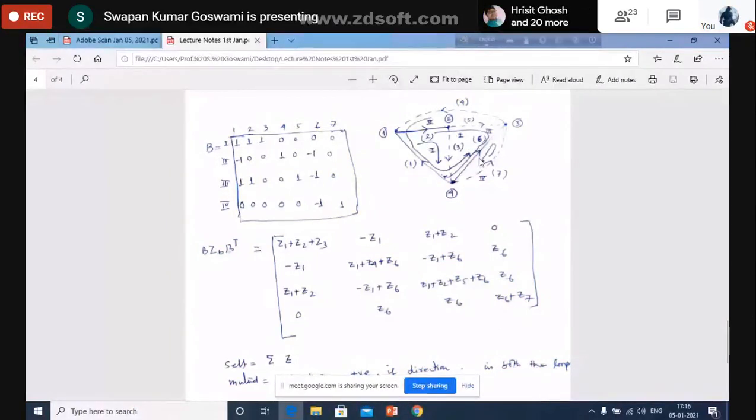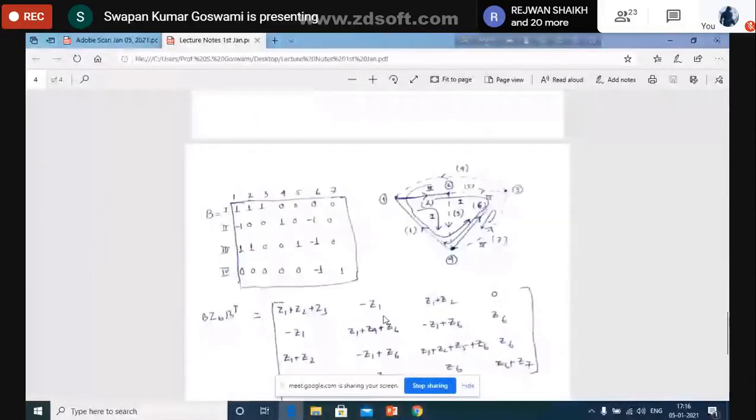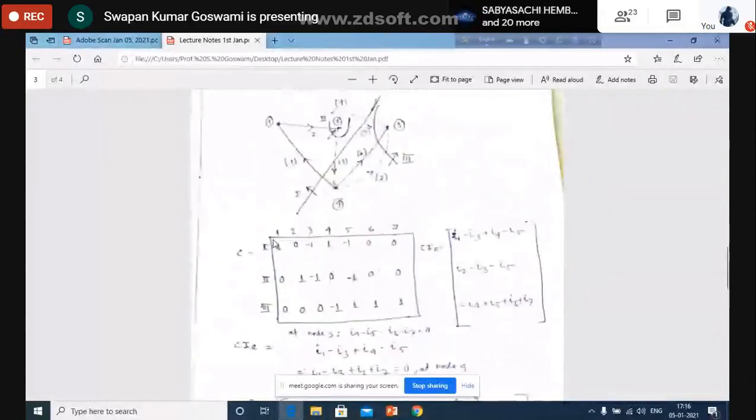So this and this are the same direction, so it will be plus here. But wrongly it has been noted minus. Okay, because of that there is an error correction record here, here, here, and here. Okay, all right.